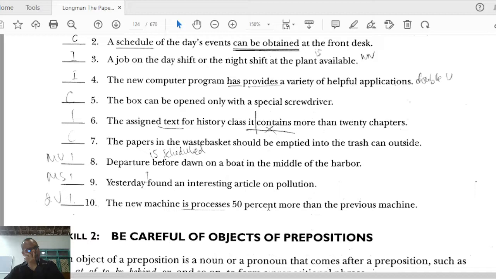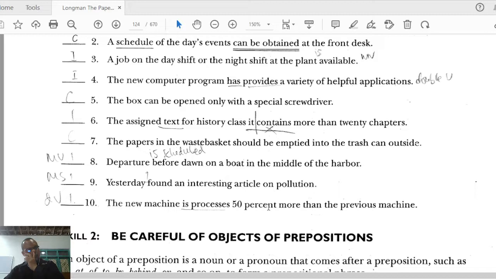Or misplace the verb, ya. The new machine is processed. Maksudnya, is processes, enggak salah. Harusnya the new machine processes 50. Misplace the verb, ya.